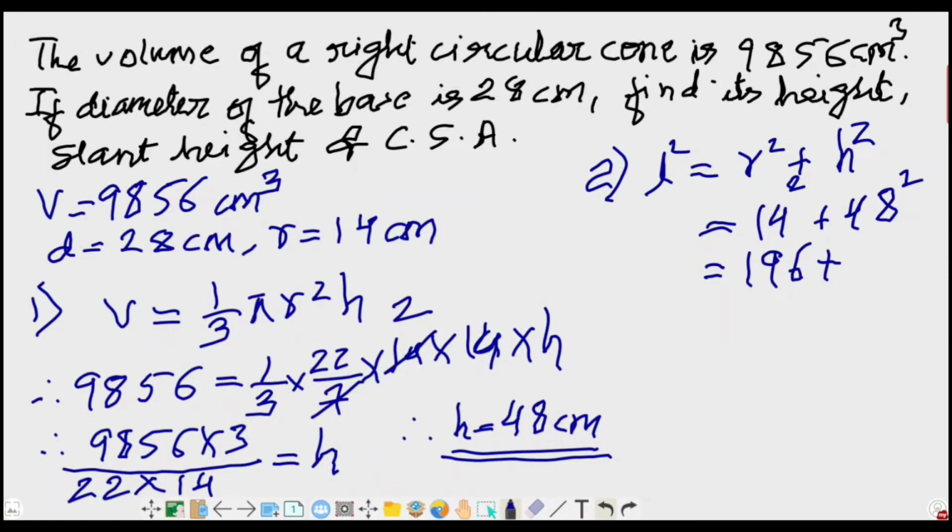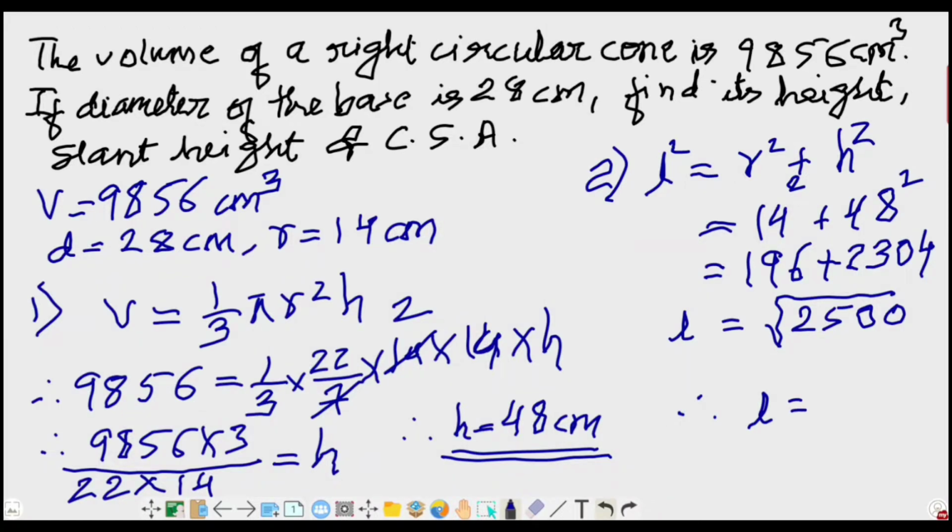When you find out the square of 48, it is 2304. When you add both, you will get 2500. Square root of this is 50. So your slant height is 50 centimeter.